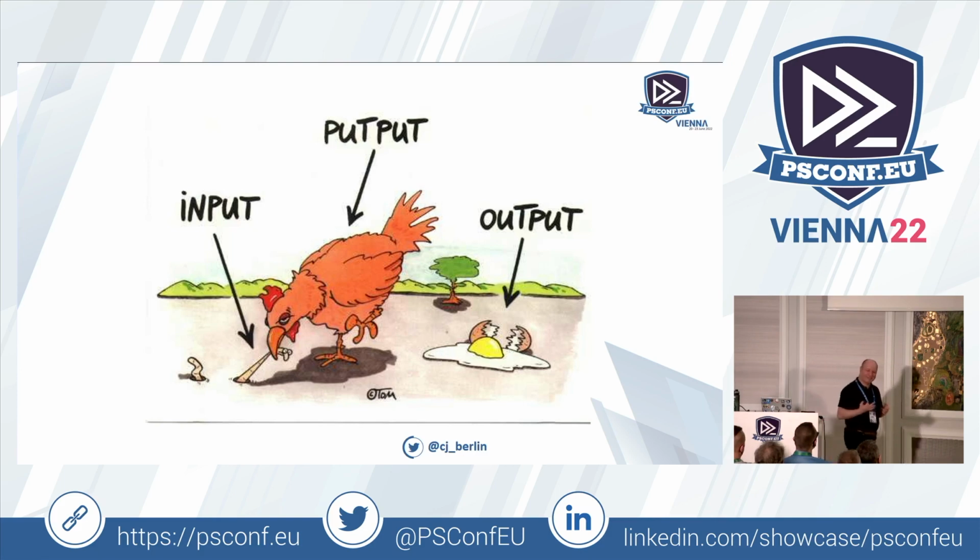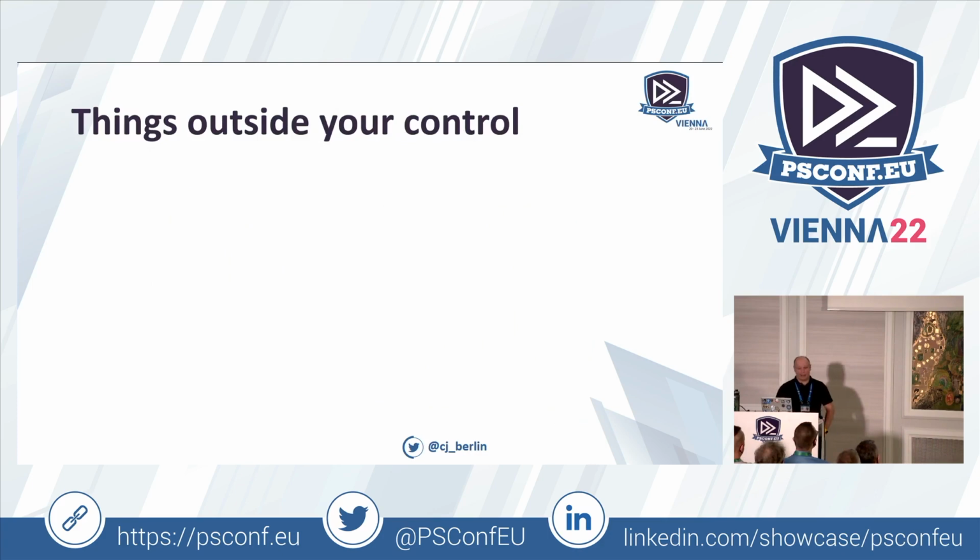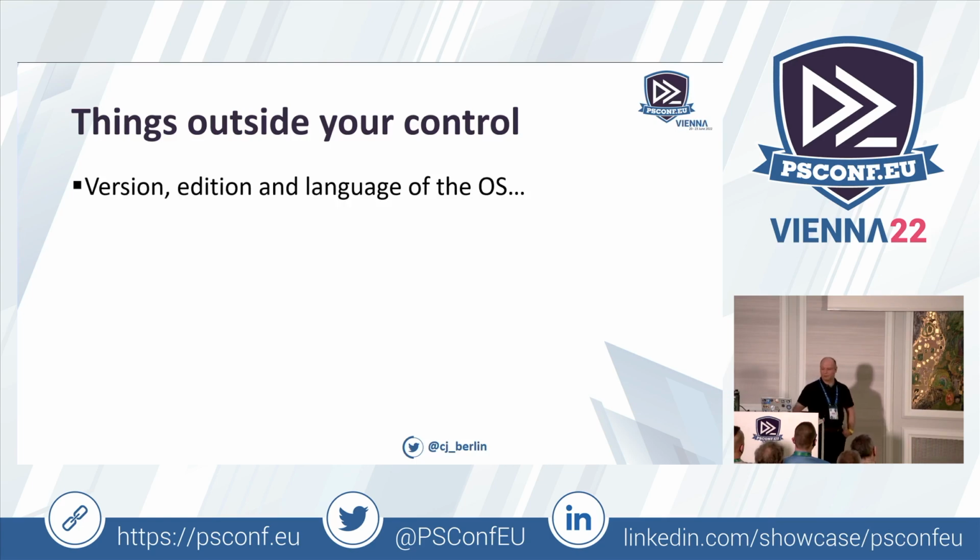Then your script does something, that is the process phase, and in the end of that, you get some output. In an unattended execution, if you are not the only person who manages the entire environment, there are things you as the enterprise scripter in charge don't have much control over.